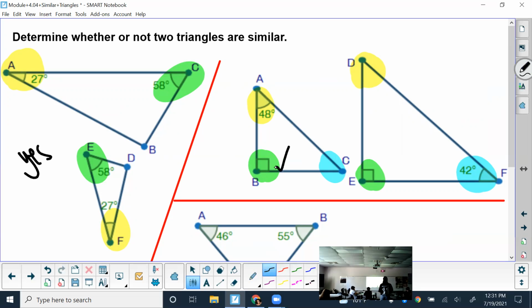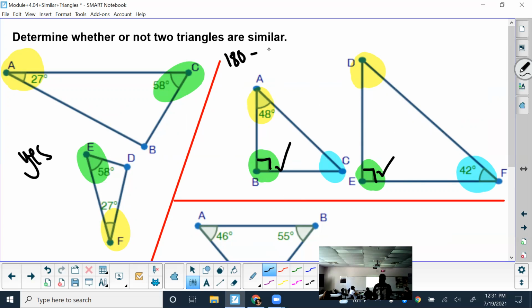I know that angle B and E are congruent because they're both 90 degrees. I just need to prove either A and D are congruent or C and F are congruent. So just pick one of the triangles. Maybe I'll pick this one and you guys can pick that one, and figure out what that missing angle is. We know triangles add up to 180 degrees.